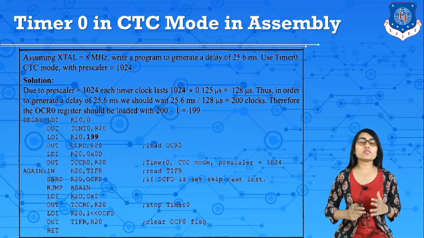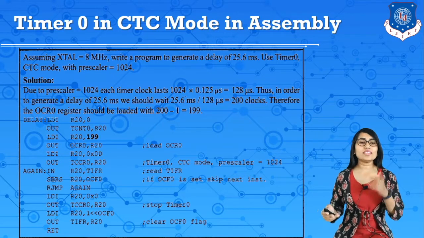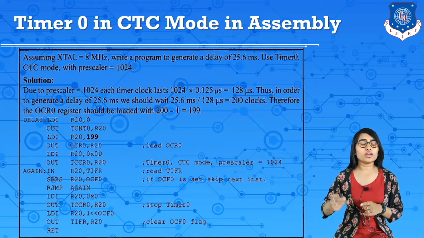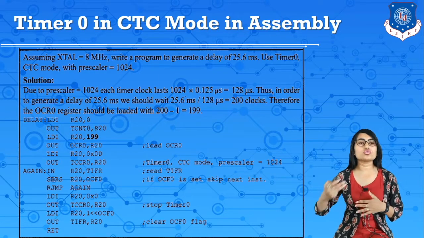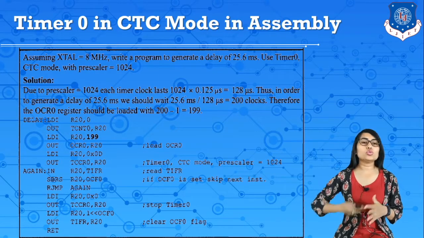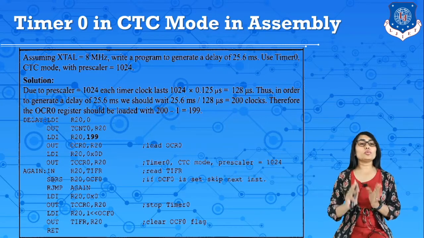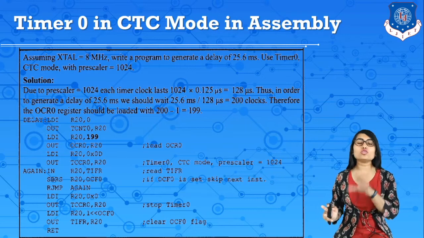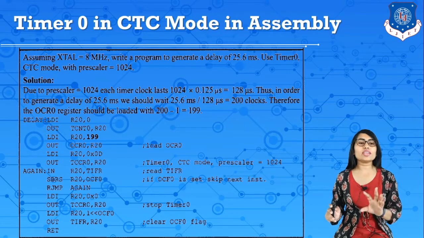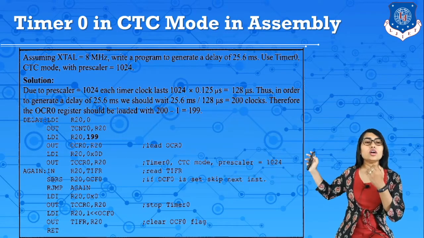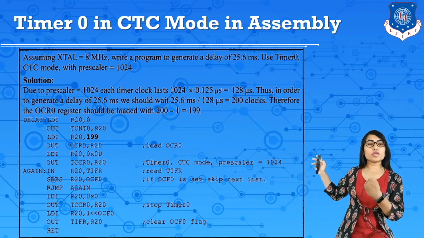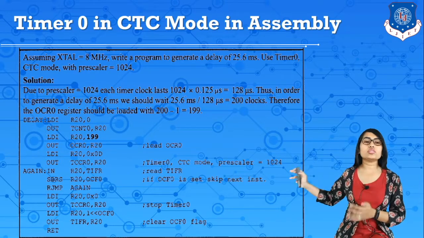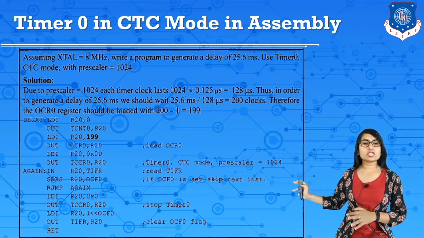Now when OCF0 becomes 1, TCNT0 has counted all the values. First TCNT0 is 0, then 1, then 2, 3, 4, and it counts up to 199. So from 0 to 199 it counts a total of 200 clocks, right? So whenever TCNT0 becomes equal to OCR0, then OCF0 is equal to 1.